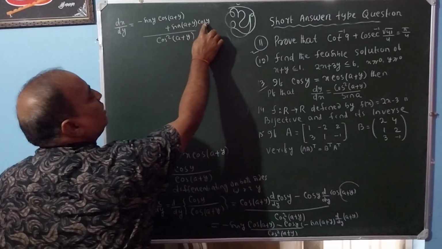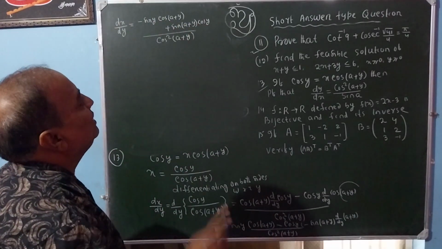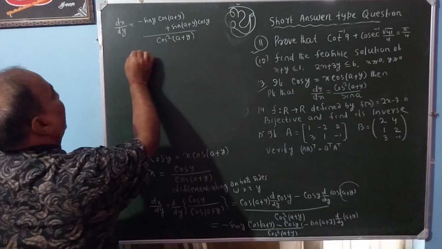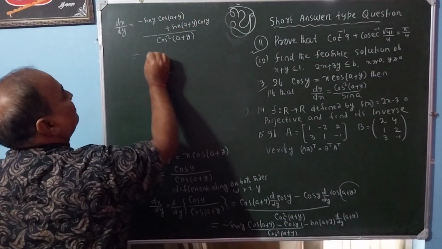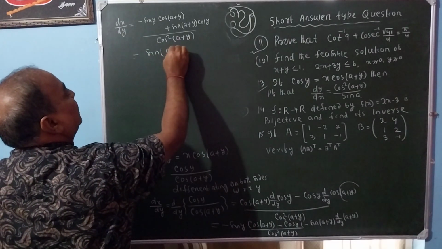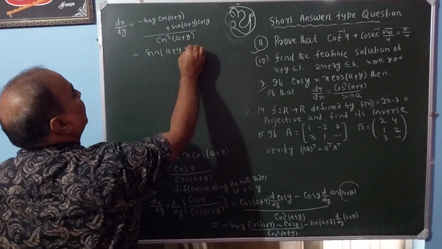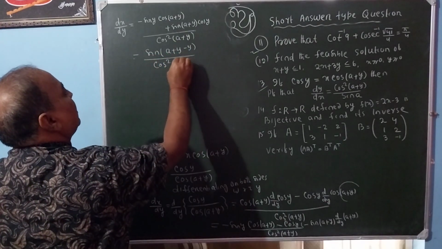Sin a into cos b minus cos a into sin b is sin(a minus b). Apply: sin a cos b minus cos a sin b gives sin(a plus y minus y), divided by cos square (a plus y).